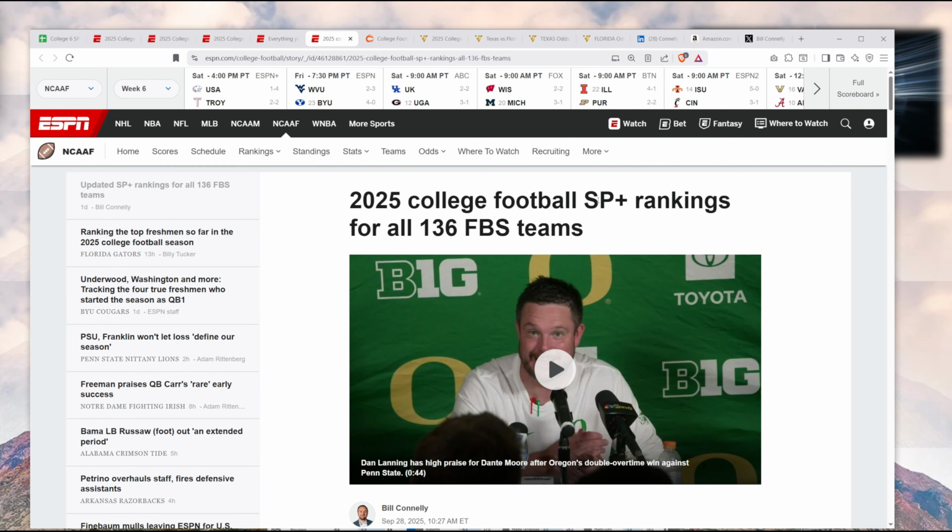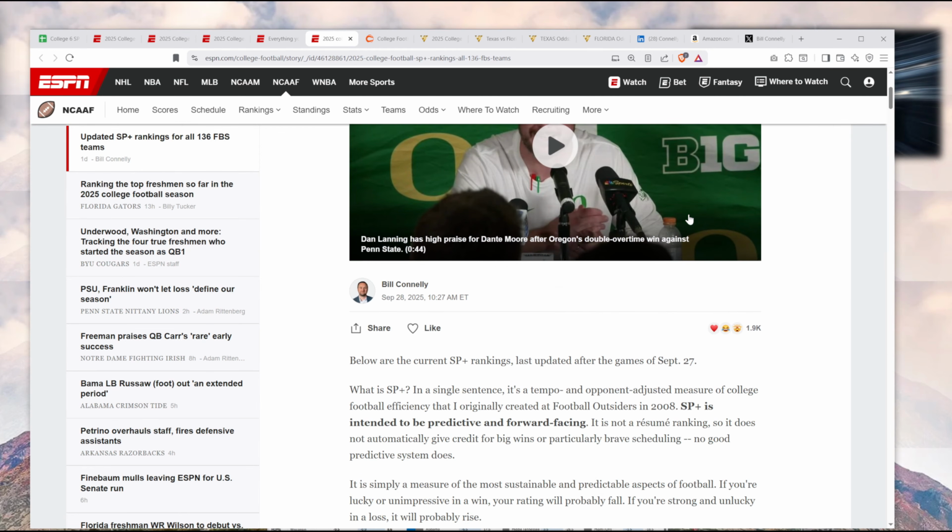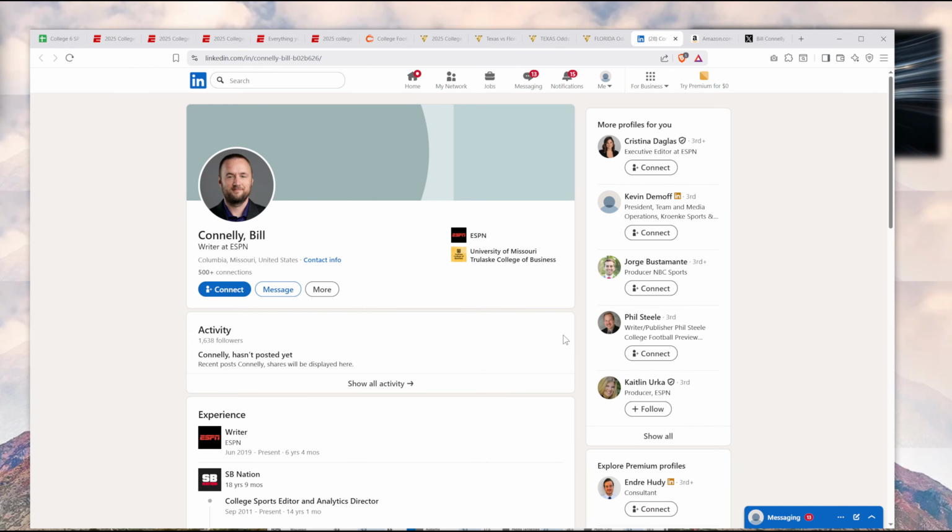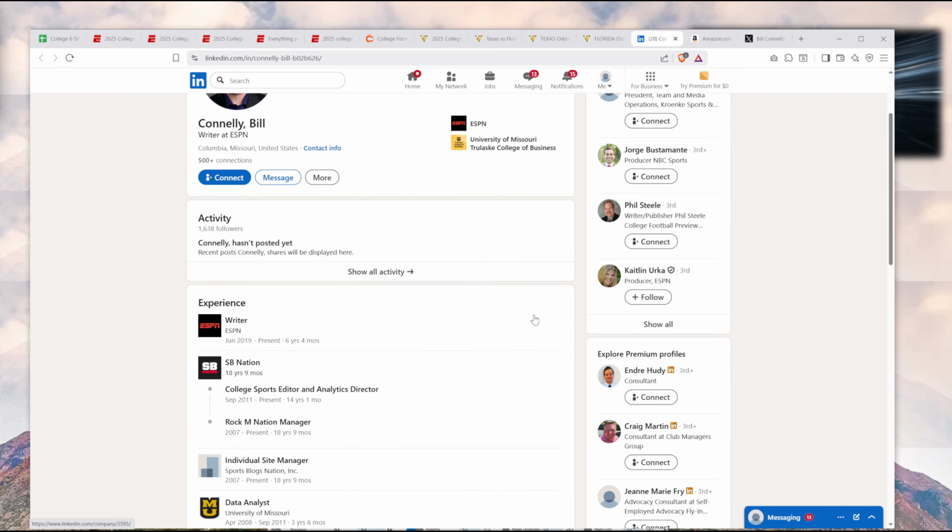So now what's the SP Plus number? The SP Plus number is calculated by an ESPN writer named Bill Connelly. Bill Connelly has an MBA. His background's in data analytics. I followed him for many years when he was a writer for SB Nation, where he did very, very detailed data analytics on college football teams. I'd read his posts, and he's a genius in this particular area.